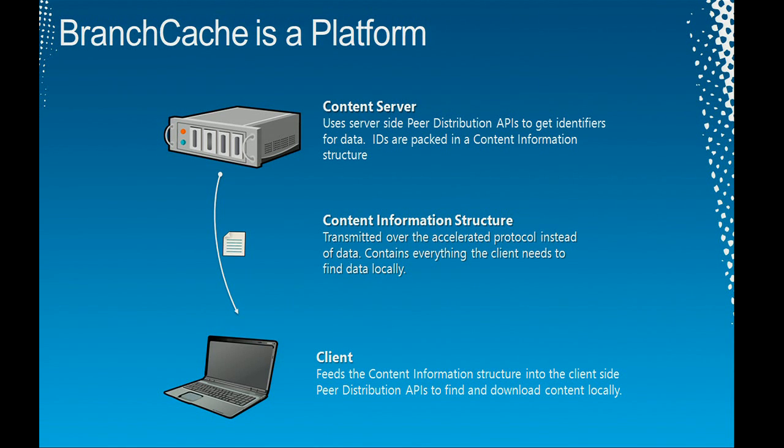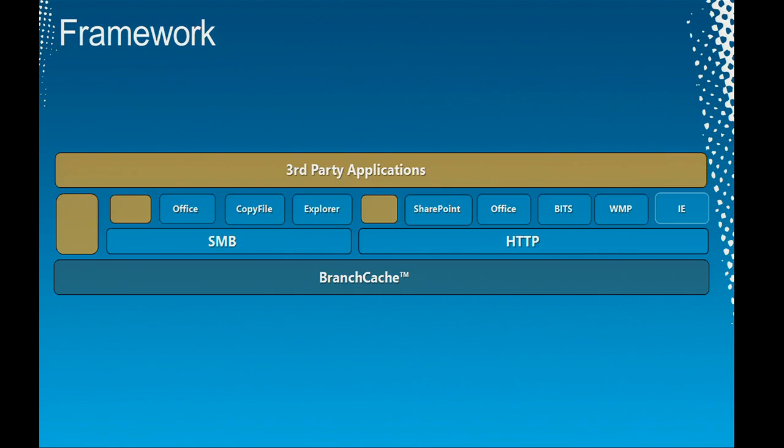It's an underlying foundation. Now, where does it sit? We put BranchCache at the bottom and basically built support for two key protocols, SMB and HTTP. Why those two protocols? Well, we had to ship something, but we also went out and did research and asked, what are the main protocols that customers are using, and the associated applications with those protocols?